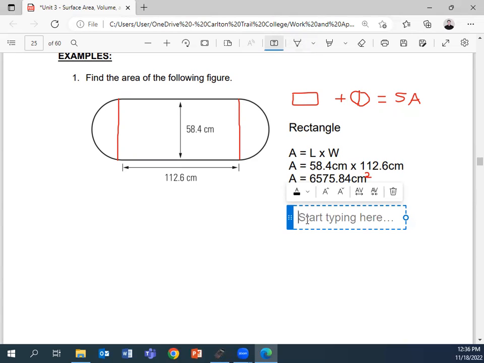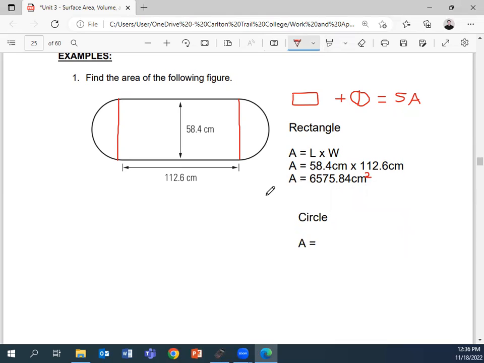I can just find the area of a full circle, which is the same thing as two semicircles, right? What's my formula to find the area of a circle? Pi r squared. I don't have a pi symbol, so you're going to have to deal with this. And pi r squared is just the same thing as pi times r times r, correct?